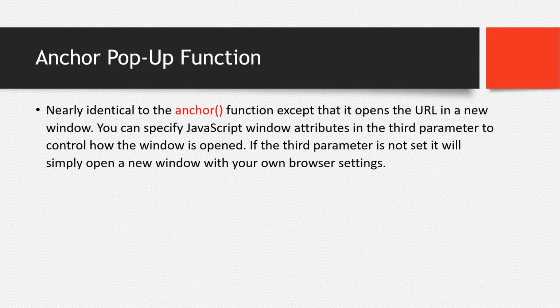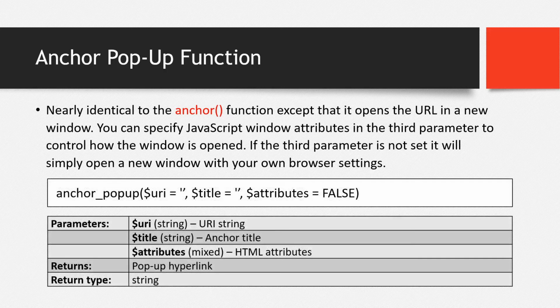If the third parameter is not set, it will simply open a window with your own browser settings. So this is its syntax: anchor_popup, then the URI string, the title, then the attributes. Then it returns a pop-up hyperlink, and the type is string.